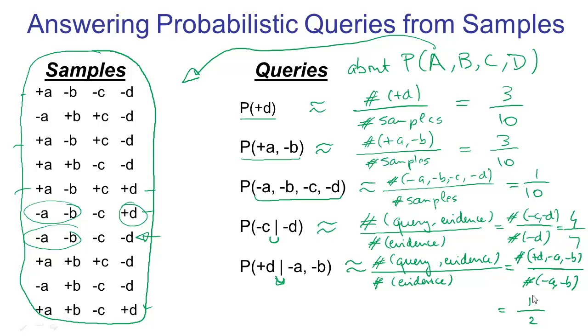Now, it is possible that from a given set of samples we cannot answer a certain probabilistic query. When will this happen?